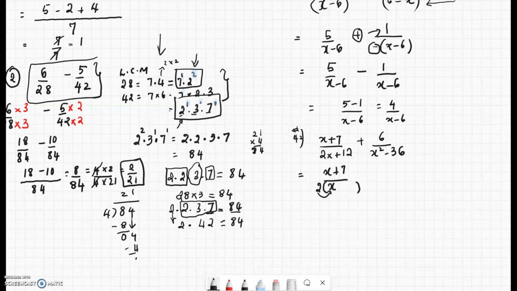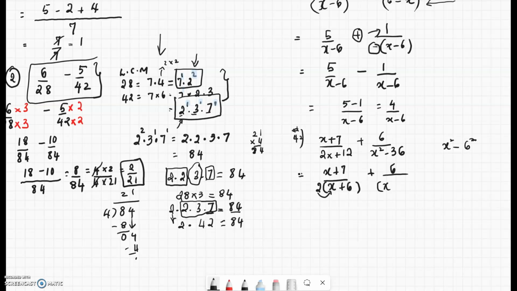2 times x is 2x. Plus, you factor out a 2 from the 12, and you get 6. 6 times 2 is 12, plus 6 over, remember that 36 is 6 squared. So this is x squared minus 6 squared. And remember, it's a difference of squares.